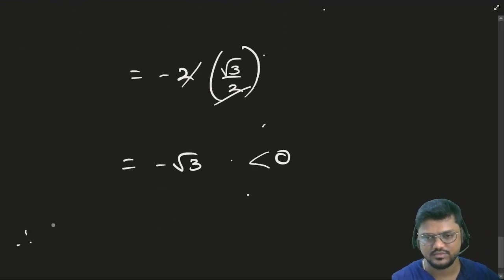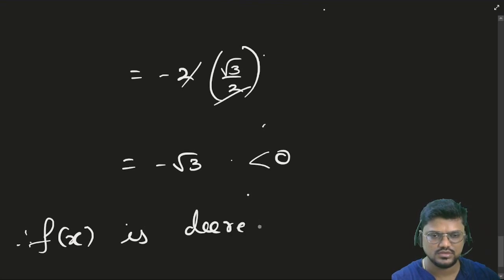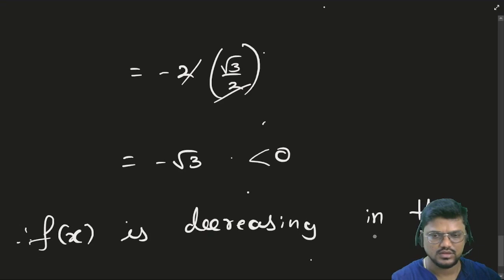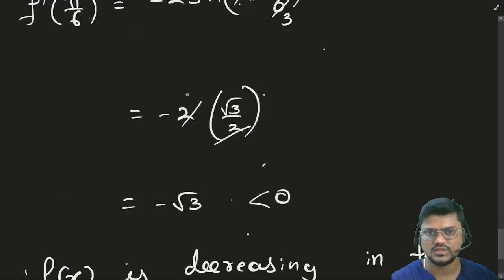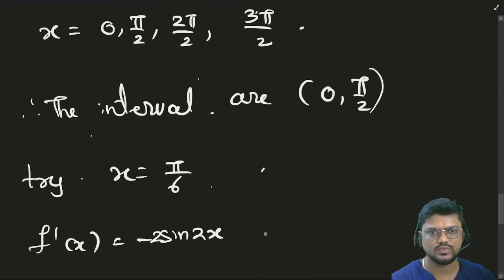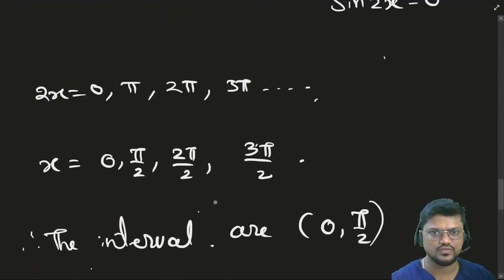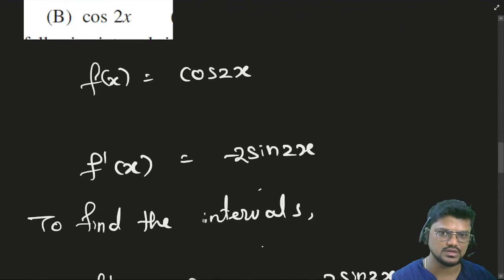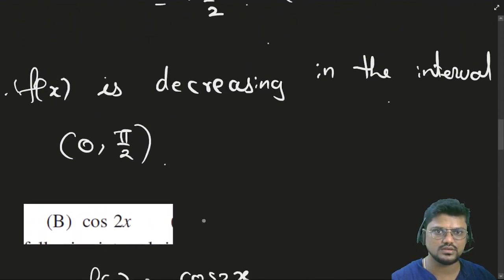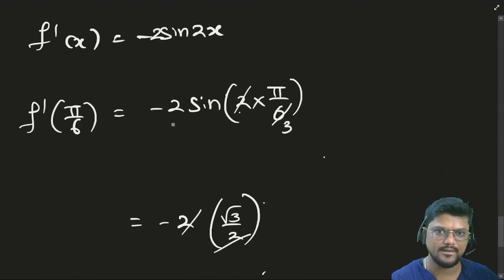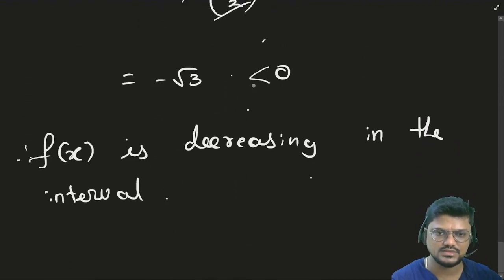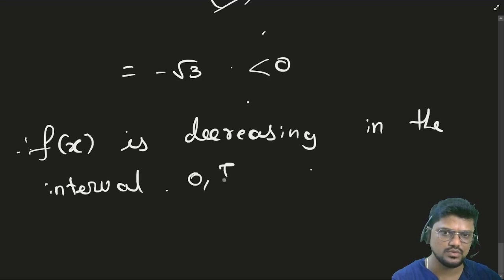Therefore, f of x is decreasing in the interval 0 to pi by 2.